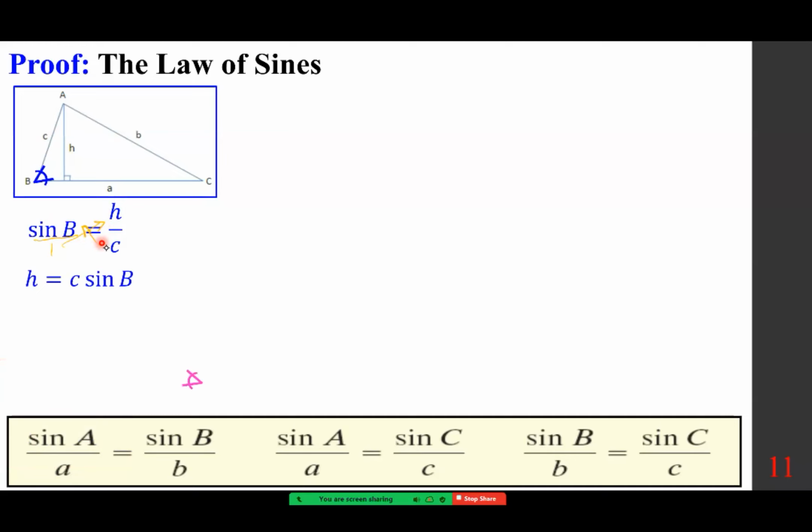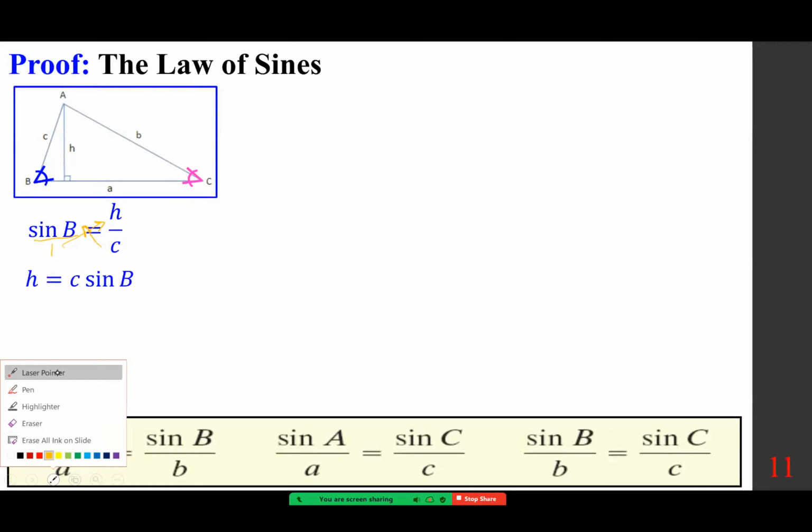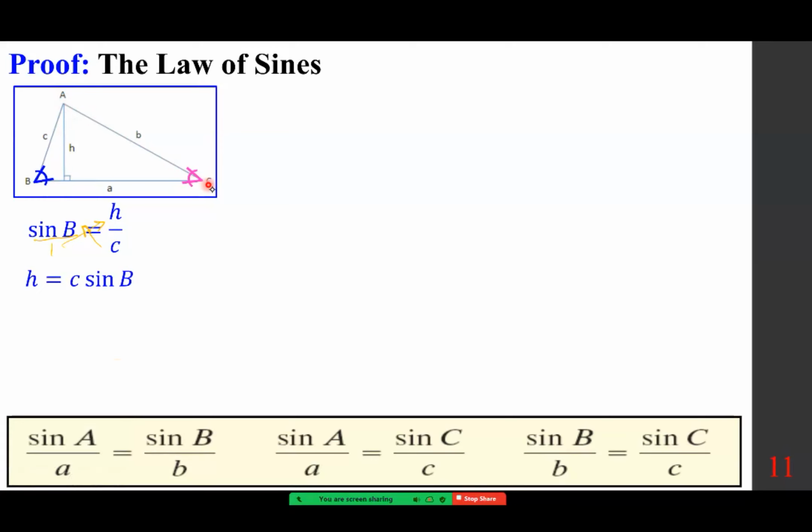Now, in this one, on the right side, you want sine of C. It is the opposite, which is H, over the hypotenuse, this time is B. Remember, it's a 90-degree angle.